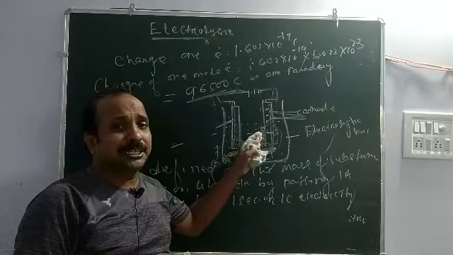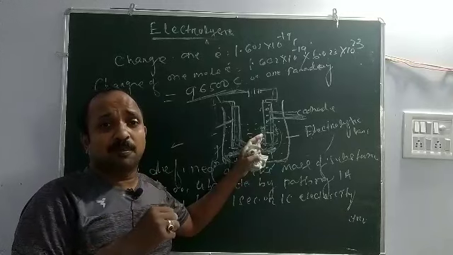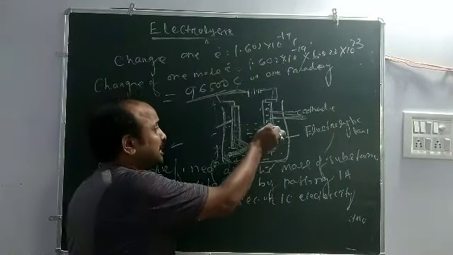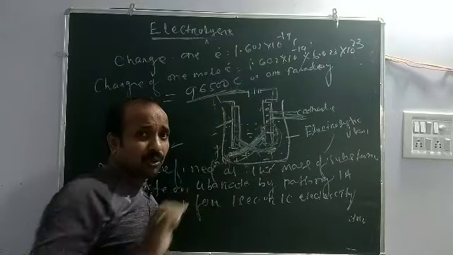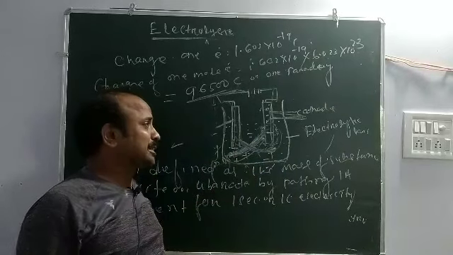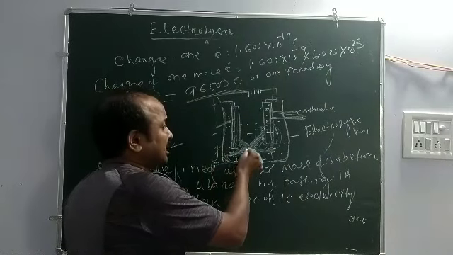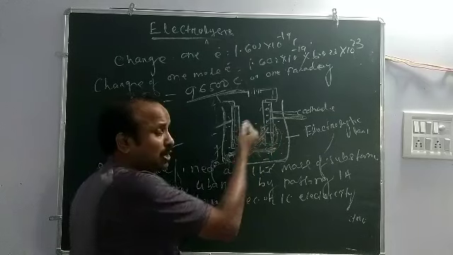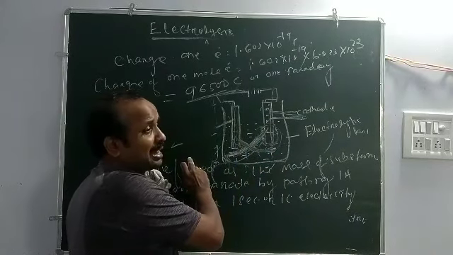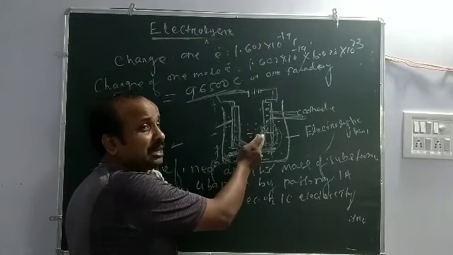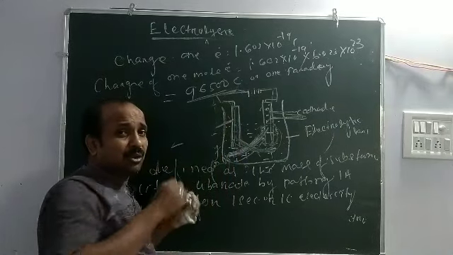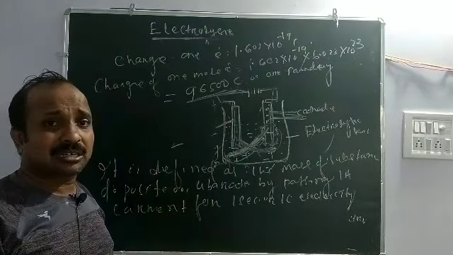If copper deposits, the gram equivalent mass of copper will deposit at the electrode when passing 1 Faraday electricity. If 1 Faraday passes through fused NaCl, sodium will deposit and chlorine will be liberated. The gram equivalent mass of sodium will deposit, and the gram equivalent mass of chlorine will be liberated.